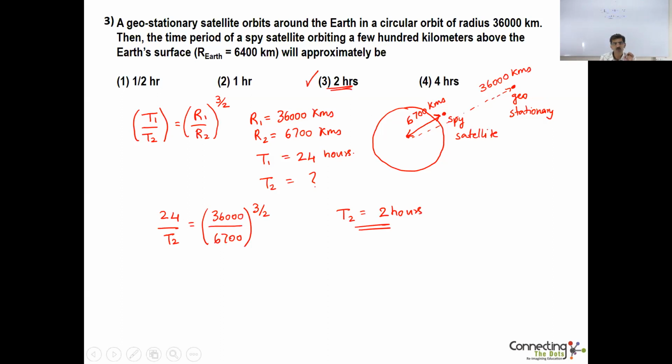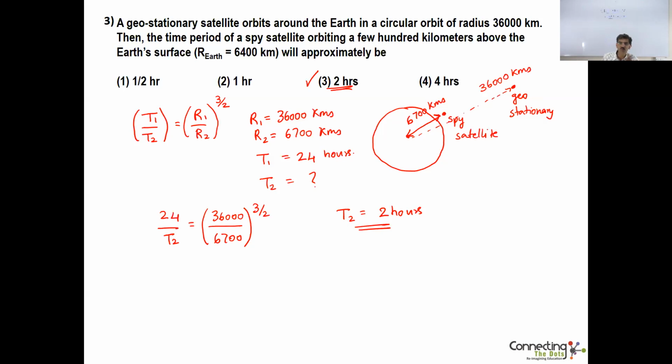Again, we simply use the fact that Kepler's third law gives us the relationship between the orbital time period and the distance of the orbiting satellite from the center of Earth. That is the first thing that we used. Second thing is geostationary satellite implies, it should immediately tell you that it has a time period of 24 hours.